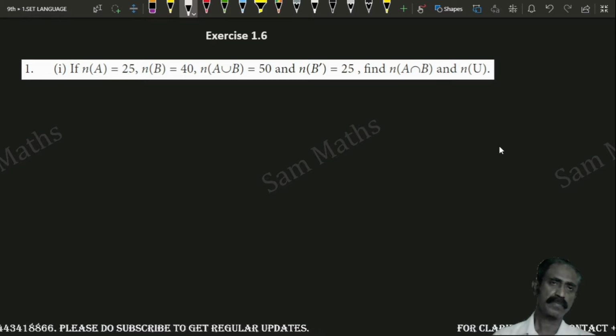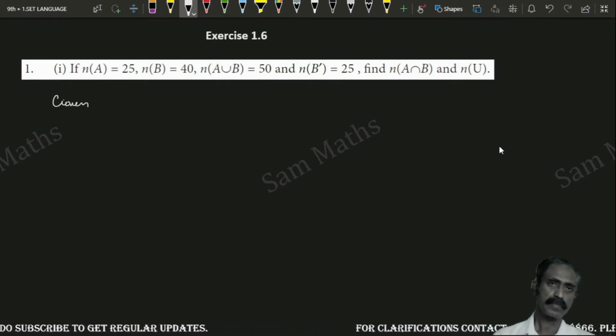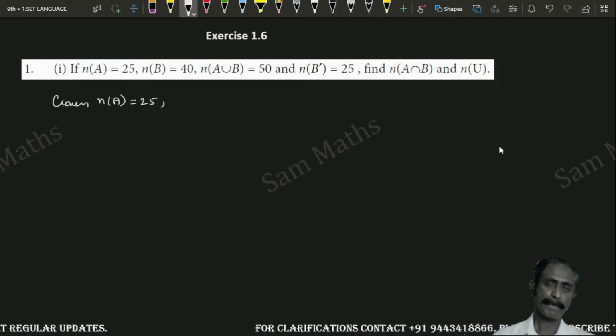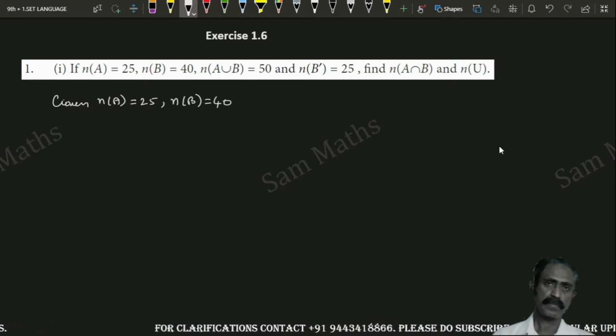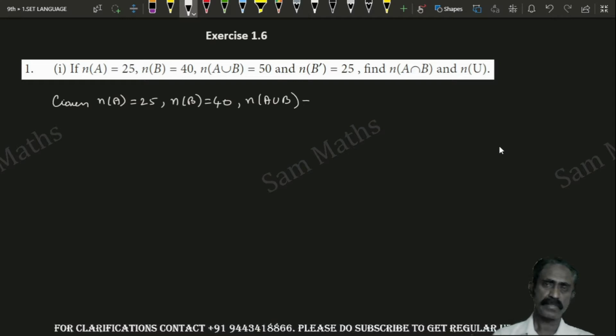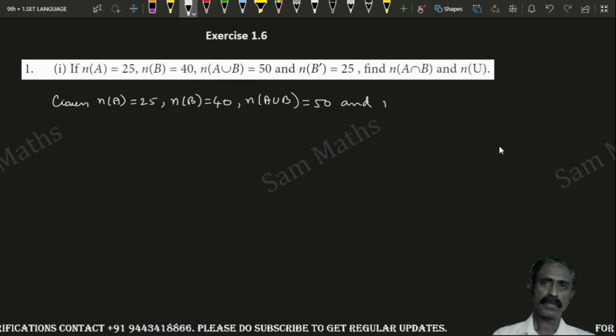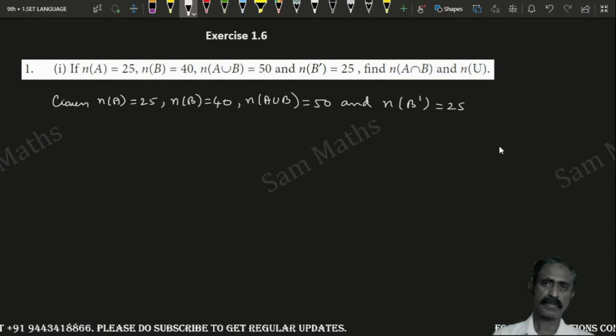Given n of A is 25, n of B is 40, n of A union B is 50, and n of B dash equal to 25.